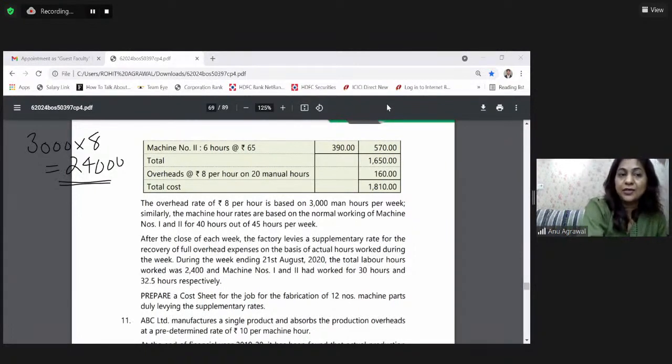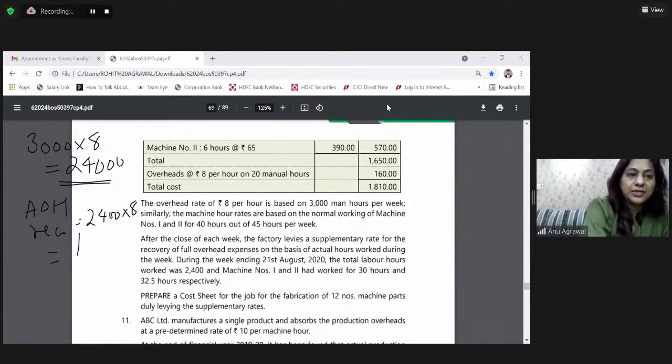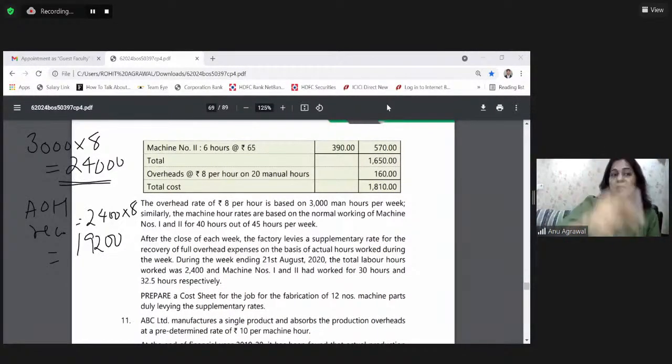Later on, they say we actually worked for 2,400 hours only. So actually overheads recovered is how much? It is 2,400 into 8, which my calculations shows as 19,200. Now, how much is under recovered? Under recovered is 24,000 minus 19,200.